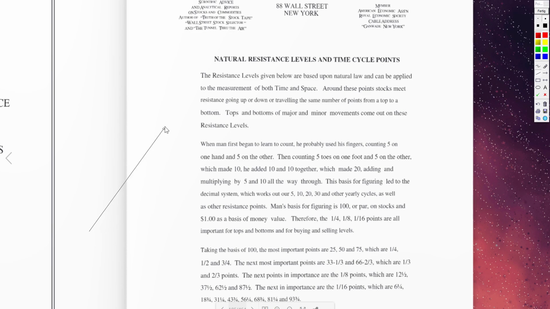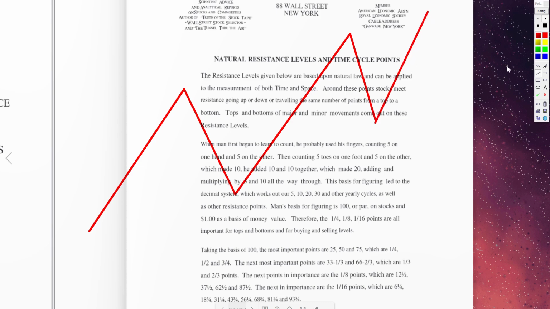Price goes up and price comes down, right? This is what happens in the market. But here, time also goes up and down.